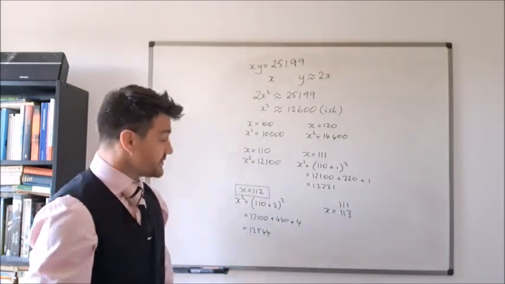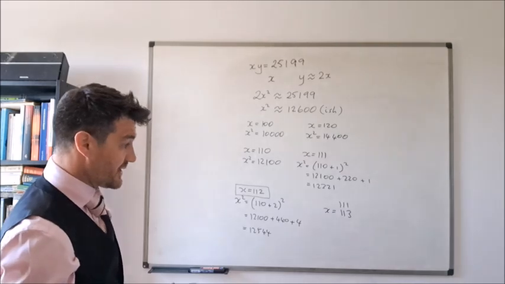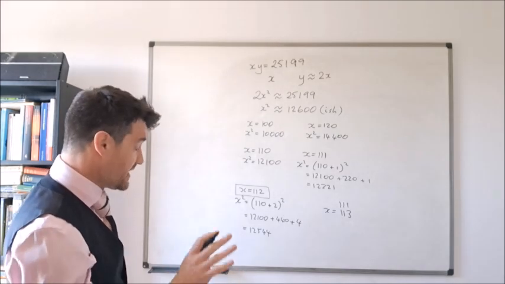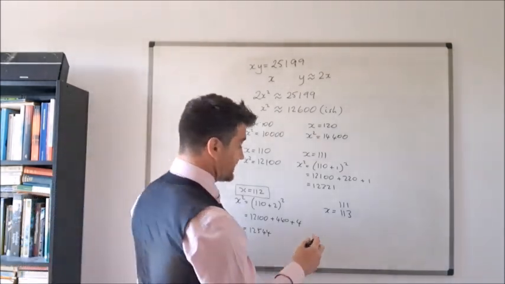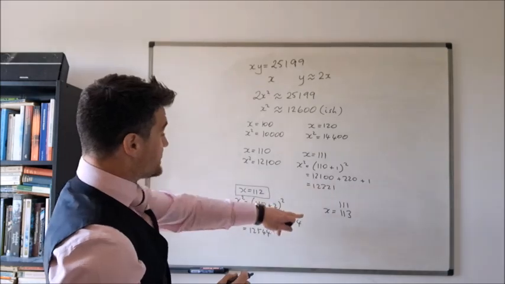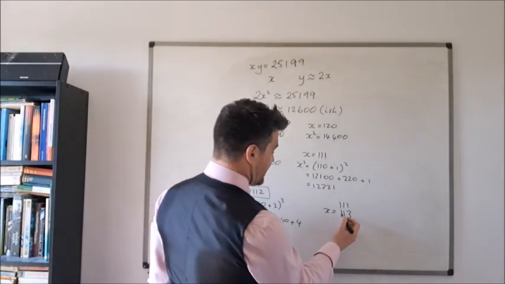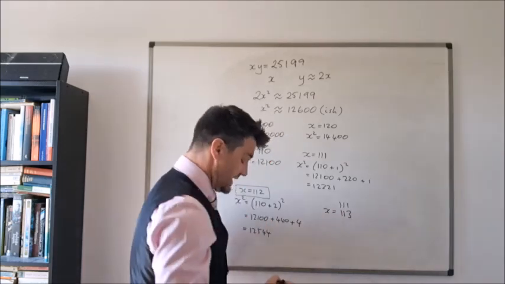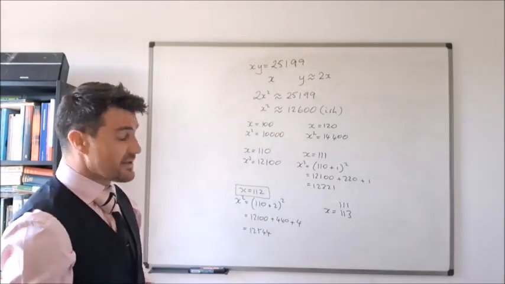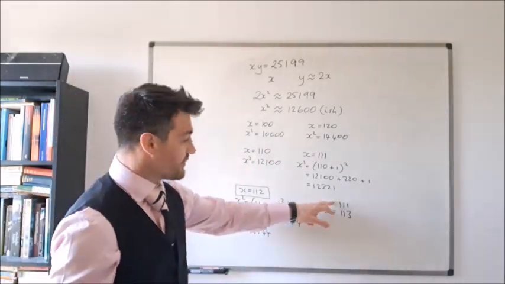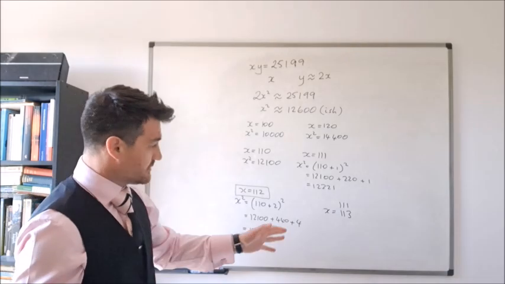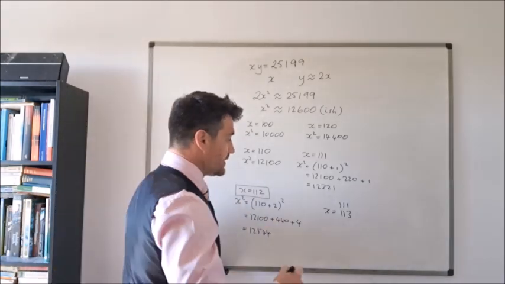I don't actually know if 111 is a prime number off the top of my head. Maybe it is, maybe it isn't. We'll find out in a second. Okay, so I don't think it's going to be 111. So I'm tempted to go for 113. Why do I think that? I don't know. I just don't think it's going to be 111 for some reason.